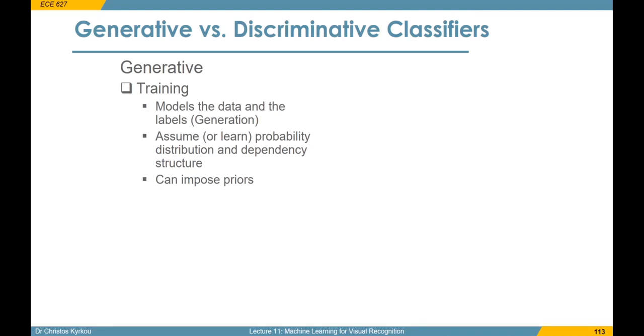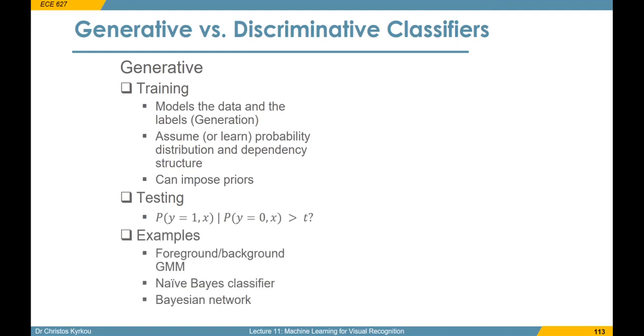And we can also use them to impose our own prior knowledge on the problem. We test by finding the probability of an input belonging to one particular class, and we select the class with the highest probability. Some examples are Gaussian mixture models, naive Bayes classifiers, and Bayesian networks.